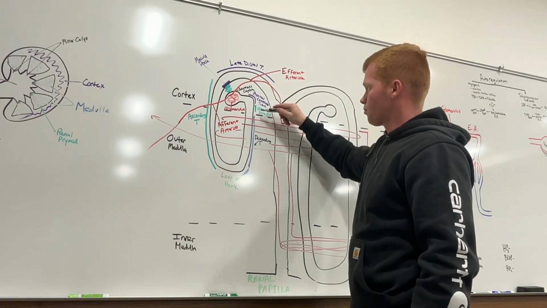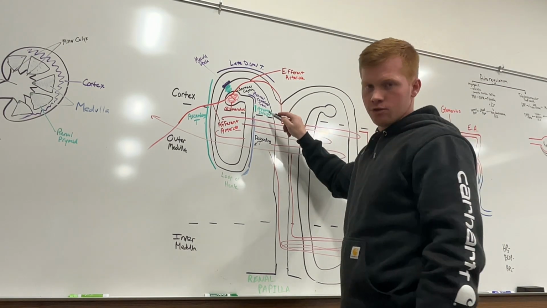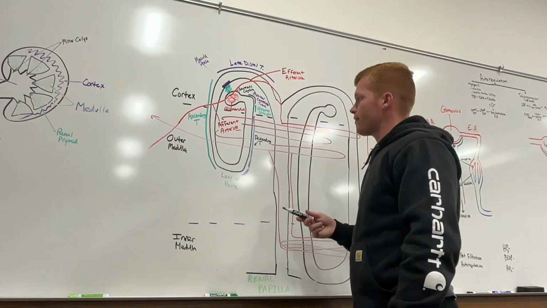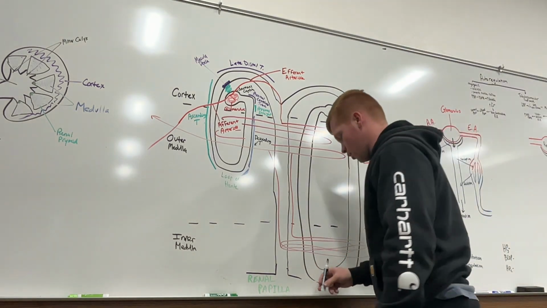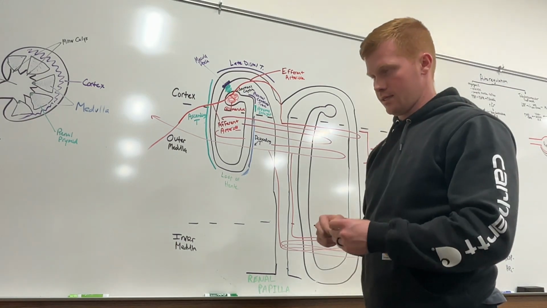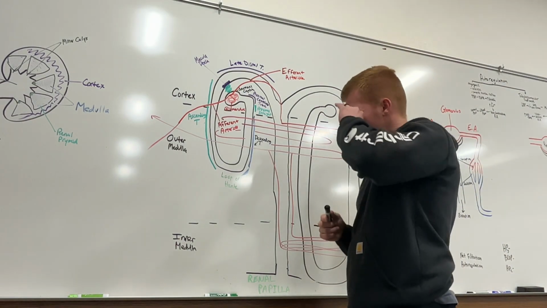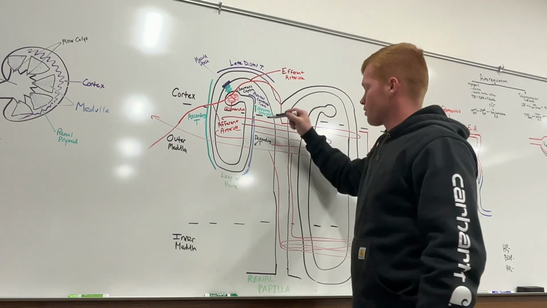And then right after the proximal convoluted tubule, we have the proximal straight tubule. And that's where most of the reabsorption of water and a few different molecules happens. We'll talk about that more in just a second down over here.